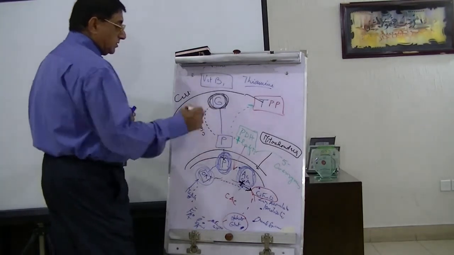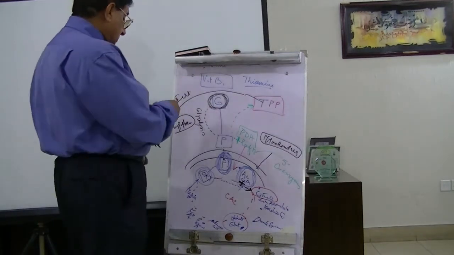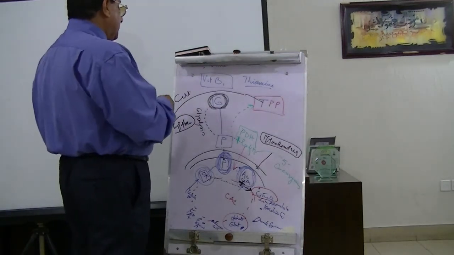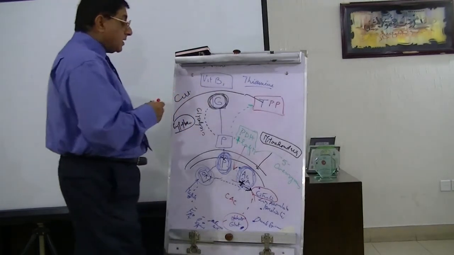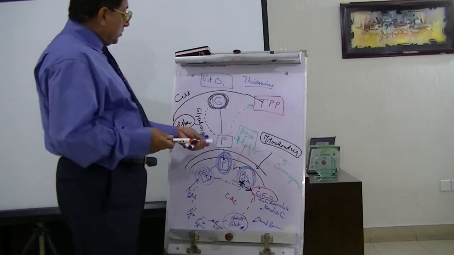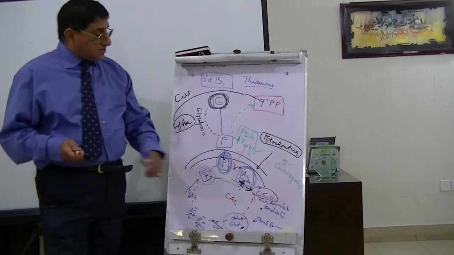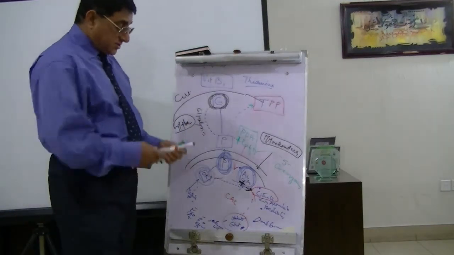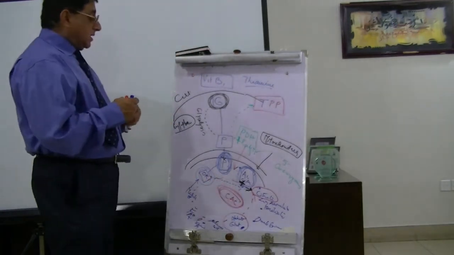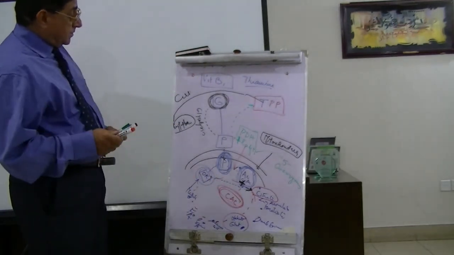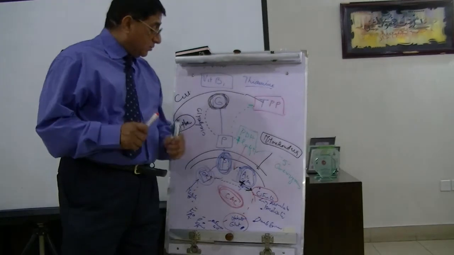Then glucose enters the cell under the influence of insulin or otherwise. It's converted to pyruvate, this is glycolysis. Pyruvate enters for citric acid cycle metabolism. And the first step is conversion of pyruvate to acetyl-CoA.